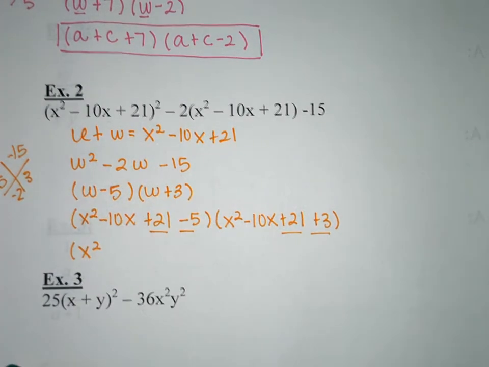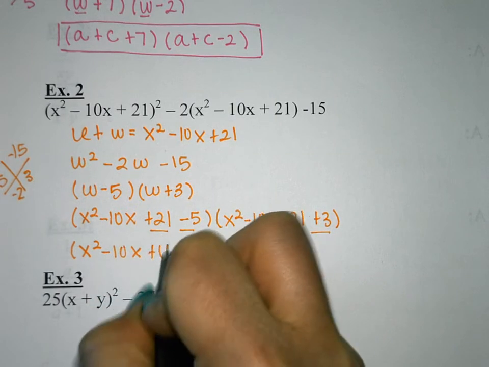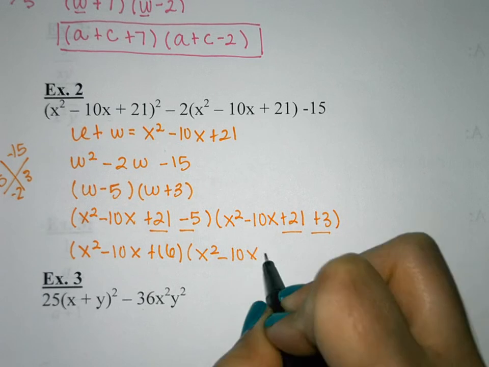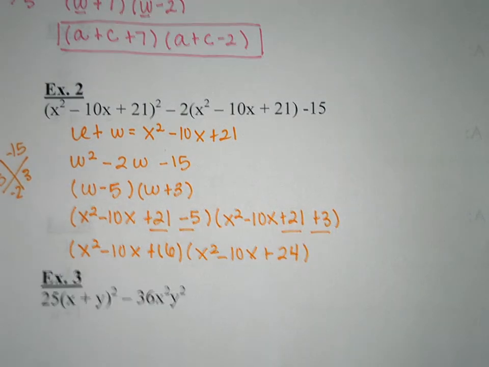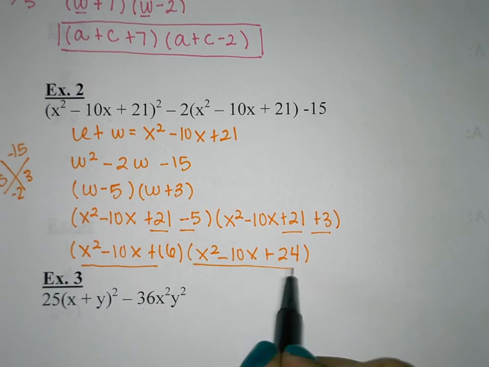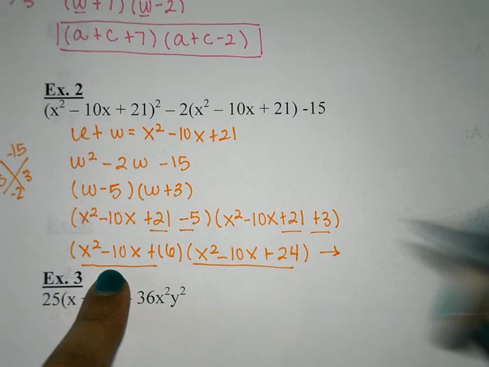So that's going to be (x squared minus 10x plus 16) times (x squared minus 10x plus 24). Now, I would take a look at all of this, and if you guys have noticed, what we have can also be factored. So we're actually going to factor it one more time.